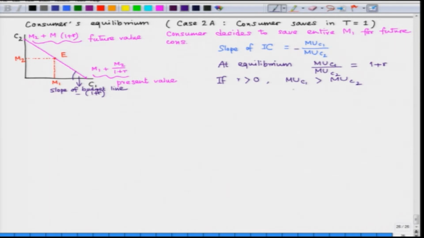So, that means that the consumer values present consumption more over future consumption, and this feature is known as positive time preference.